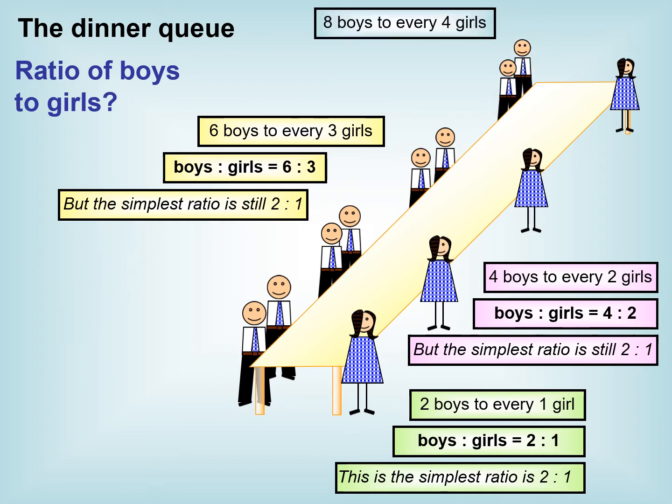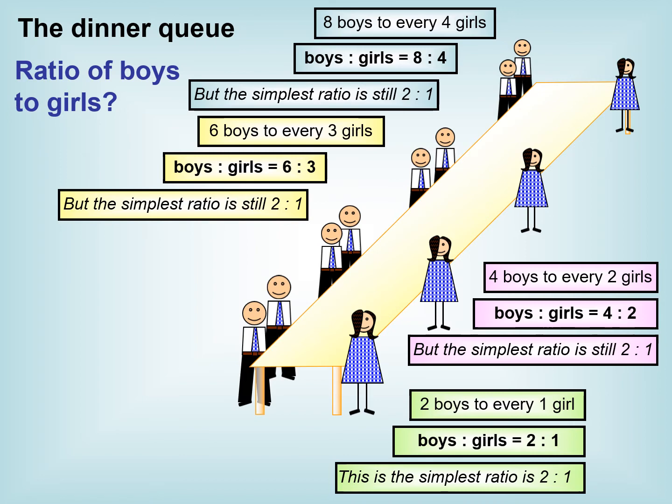For every eight boys, we have four girls, so we have 8:4, or the simplest ratio is still 2:1. We therefore conclude that 2:1 is equal to 4:2, is equal to 6:3, is equal to 8:4. So they are equivalent ratios.